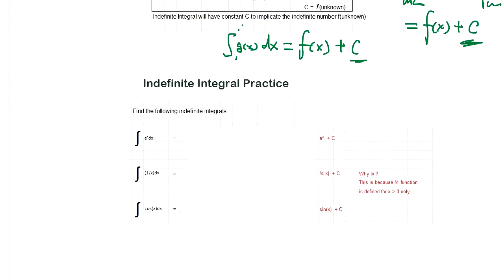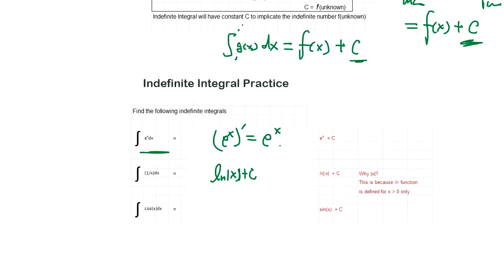Okay, indefinite integral practice. So this function, the slope function, is e^x. So the integral of this is the same, right? Okay, so log x.